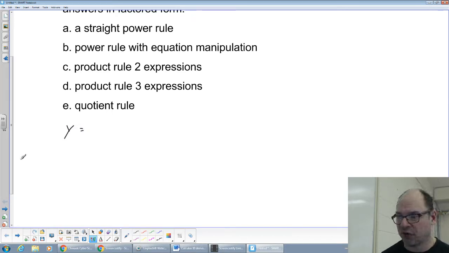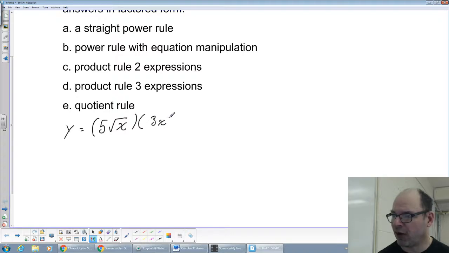Y equals, let's make something fairly similar but not too hard. Let's say I've got 5 root x times (3x squared minus x cubed), all multiplied by (x plus 2x cubed).